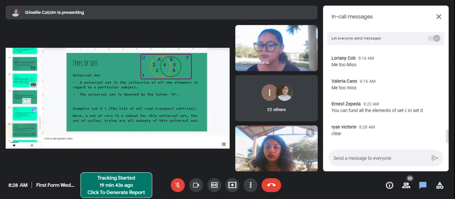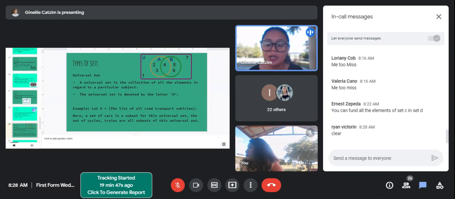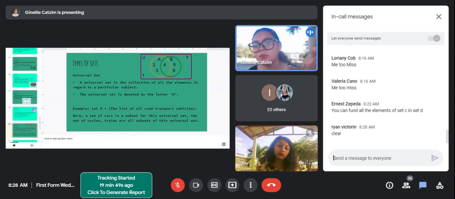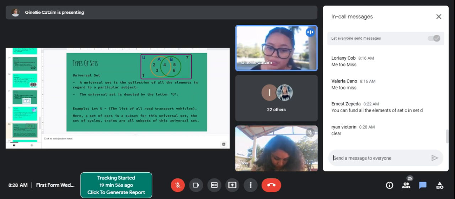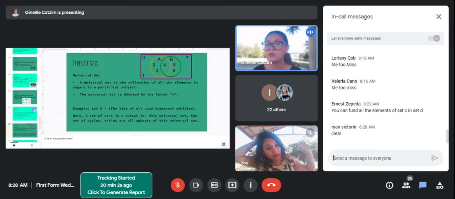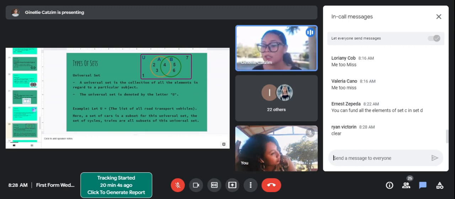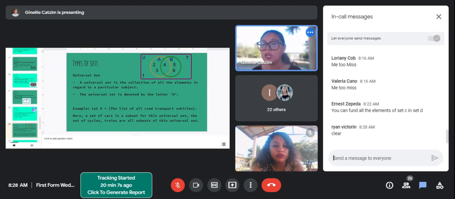Clear, miss? Okay, I will give another example though. For example, all the vegetables in your kitchen, right? We have many vegetables. But because U is the set of all the vegetables, we include them together. So we call it the U because we are talking about all of them.